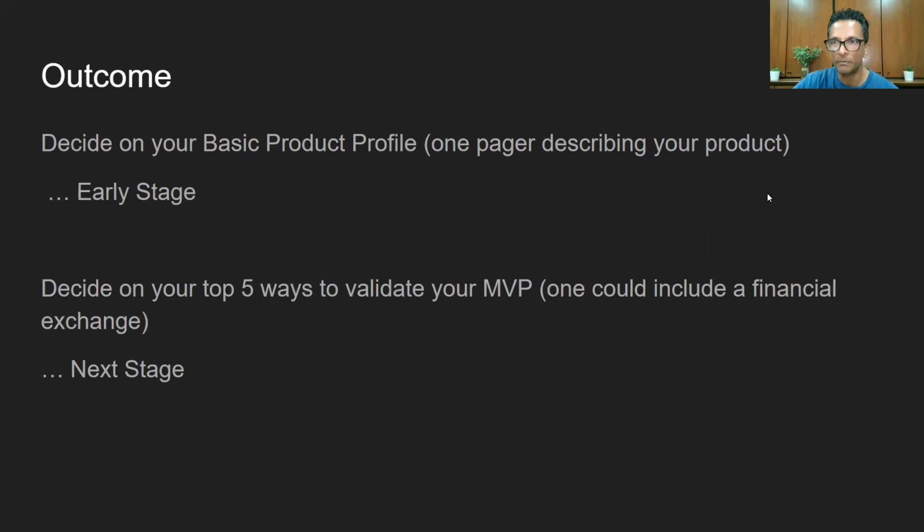So at the end of this section, outcomes, we always try to start with outcomes. Decide on your basic product profile. Now I've got two categories of people here I'd like us to get feedback on before the end of today's session. The first category is if you're in the early stage. What I'd like us to have at the end of the session is your basic product profile.